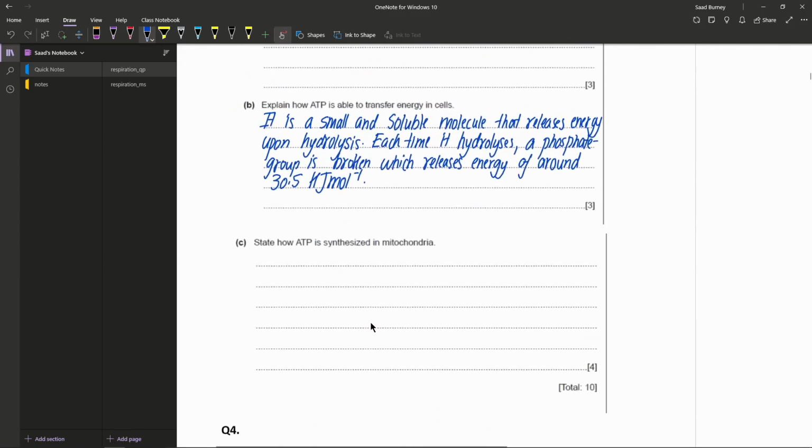Okay, so state how ATP is synthesized in mitochondria. Now, you basically need to outline the process of oxidative phosphorylation over here. So what you need to do is, how would you describe it?